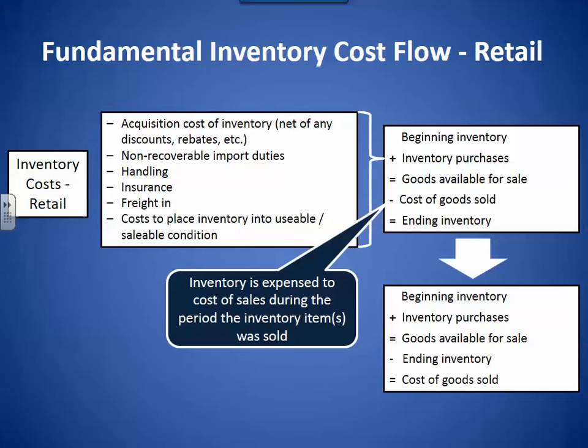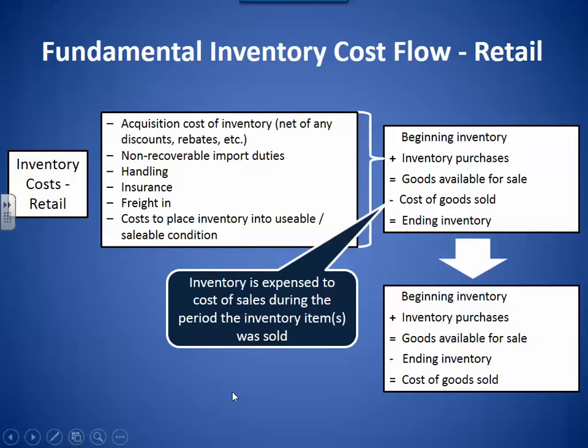But in order to compute cost of goods sold, we need to take an ending inventory of our retail space and add up the amount of inventory that's still left over. So we take the ending inventory and subtract it from the cost of goods available for sale, and that will result in the cost of goods sold. So that's our retail inventory cost flow.